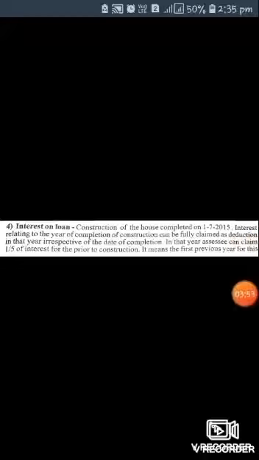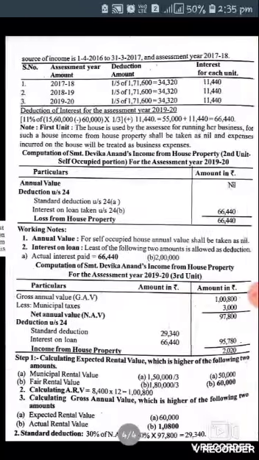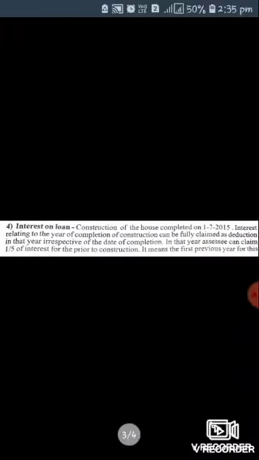Interest relating to the year of completion of construction can be fully claimed as deduction in that year irrespective of the date of completion. In the year, the assessee can claim 1/5 of interest for the pre-construction period. It means the first previous year is taken.